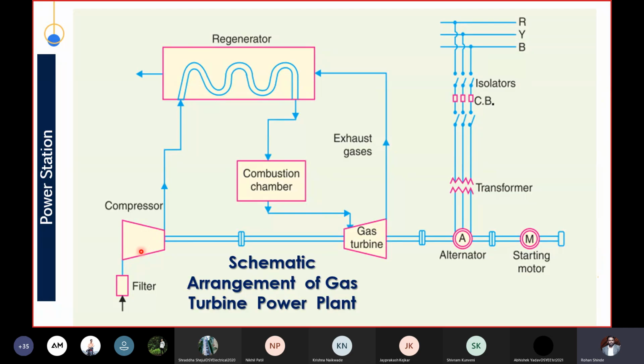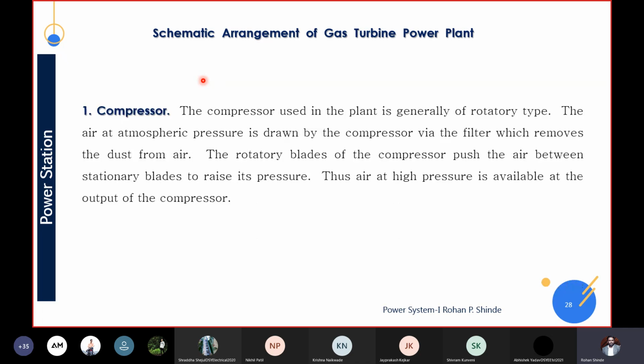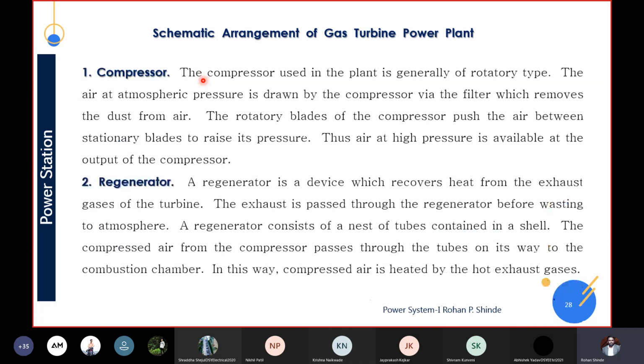Due to the rotating blades, the atmospheric pressure air rises to a high pressure. This high pressure air will be available at the output of this compressor. Now from the compressor we will move towards the regenerator. We'll see what a regenerator is.